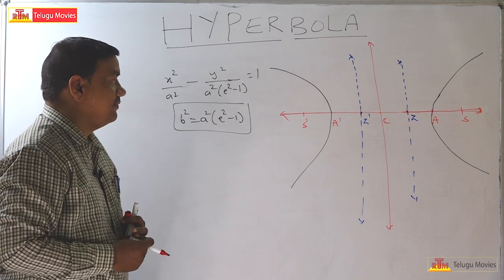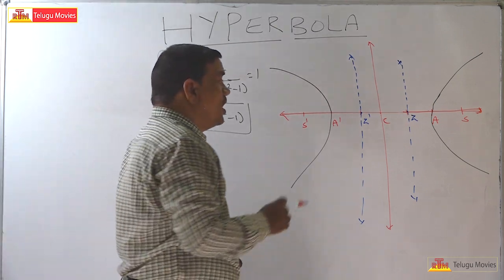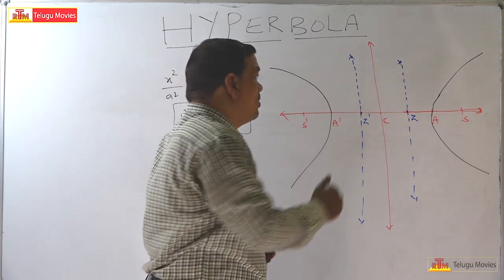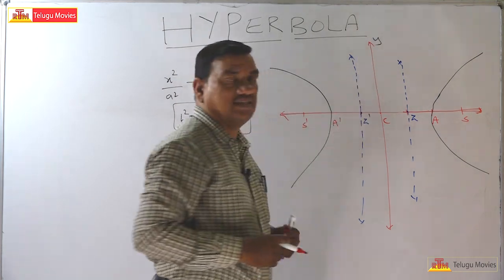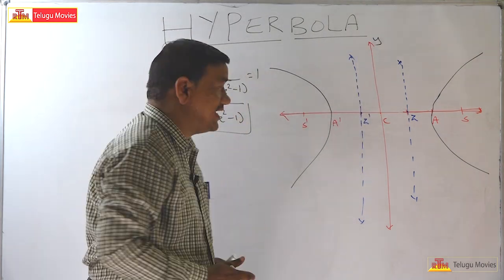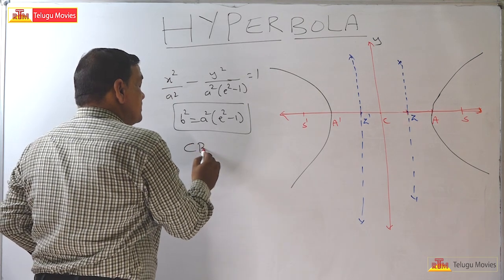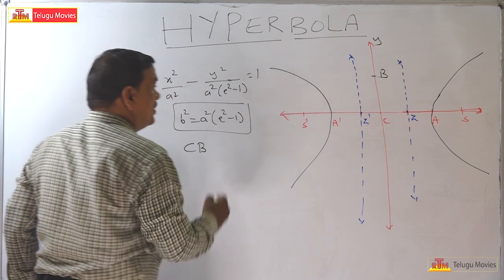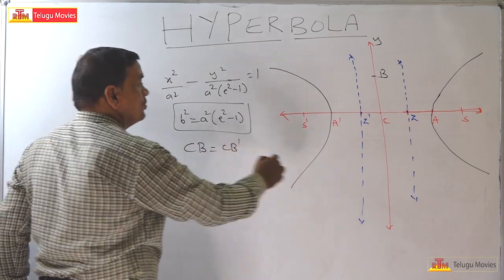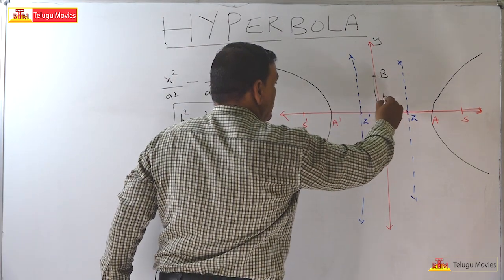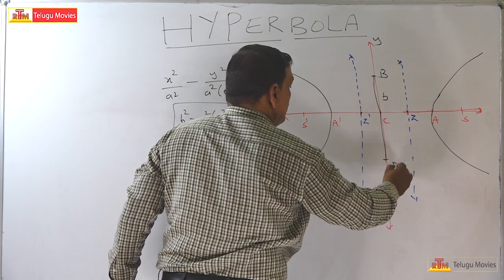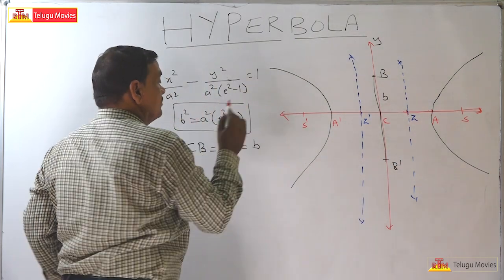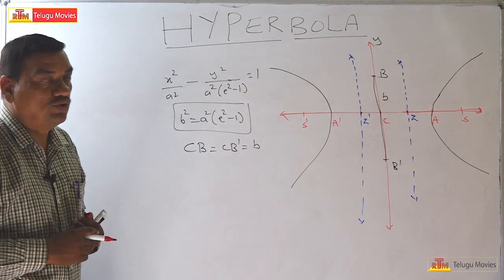How to take b? Take the length of b on the y axis such that CB is equal to CB dash, that is equal to b. That is the length of the b that we have to take.